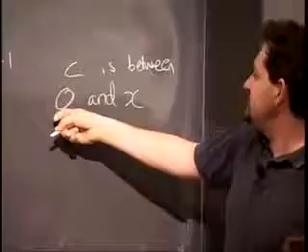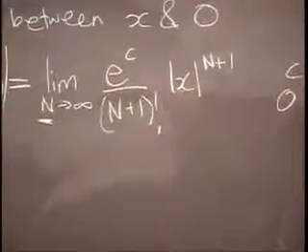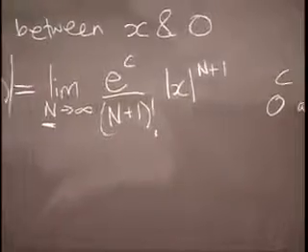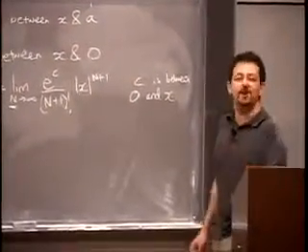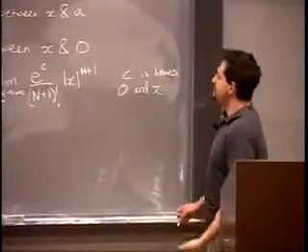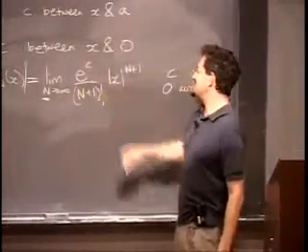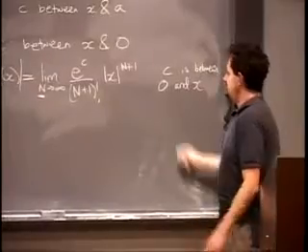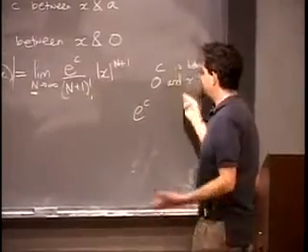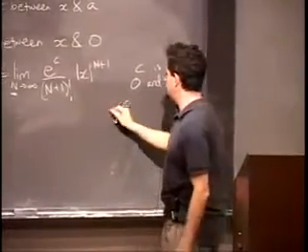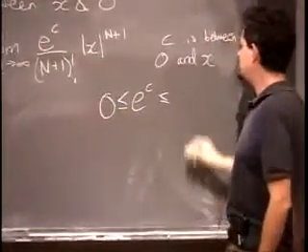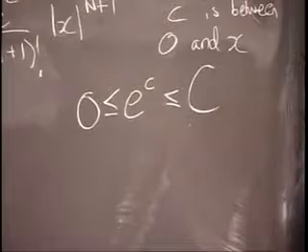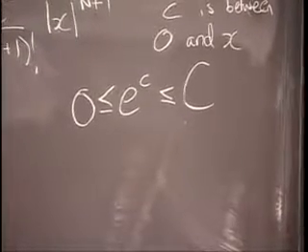C would be between 0 and 2, and e to the c would be between e to the 0 and e squared. So it could be as big as e to the x. But x is a constant. So the point is that actually e to the c, there's not a lot it can do. It's between 0, certainly, because exponentials are always positive, and some other constant, big C. And it doesn't really matter what this is.